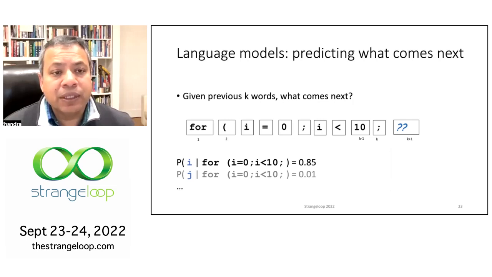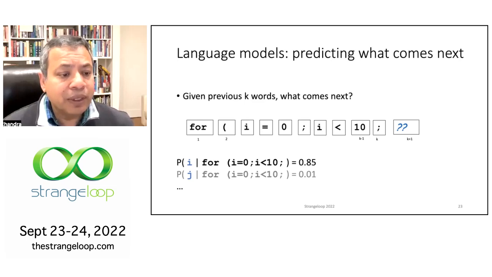So language models are gadgets that predict what comes next in a stream of tokens. So here, for example, if someone gives this sequence of k words, I'm interested in what comes next given these k words. The what comes next is denoted by those question marks.